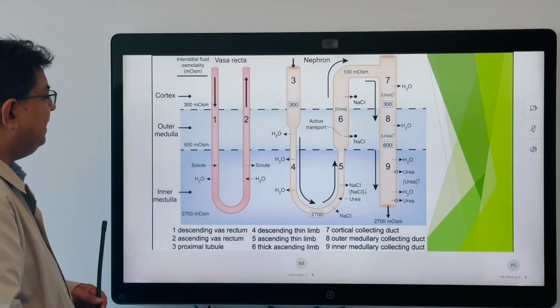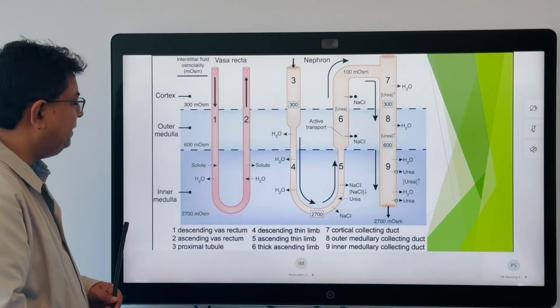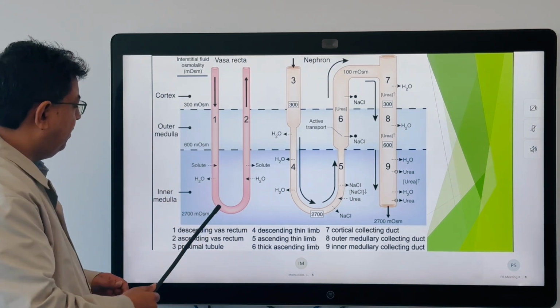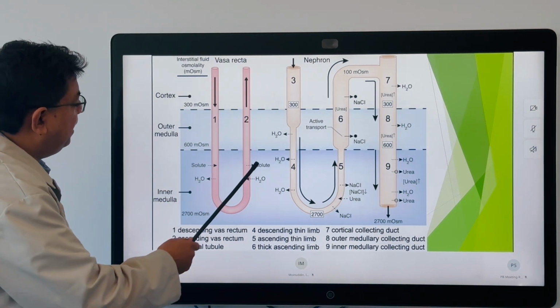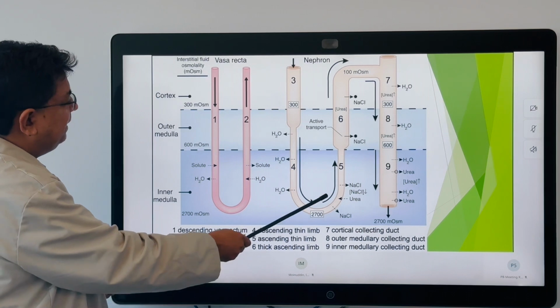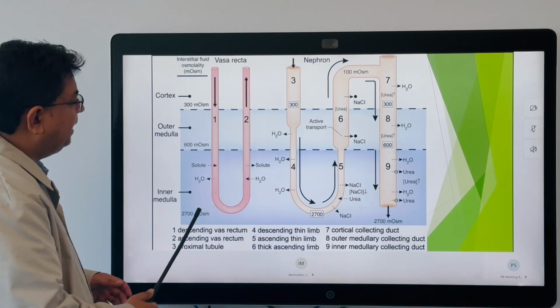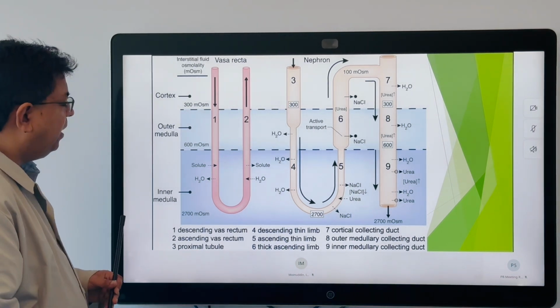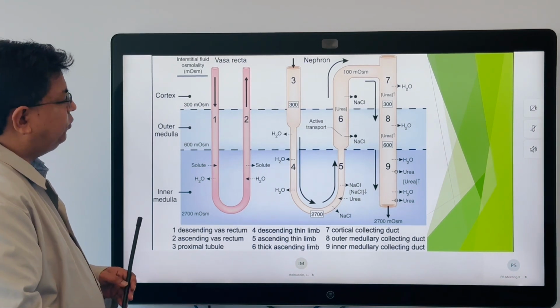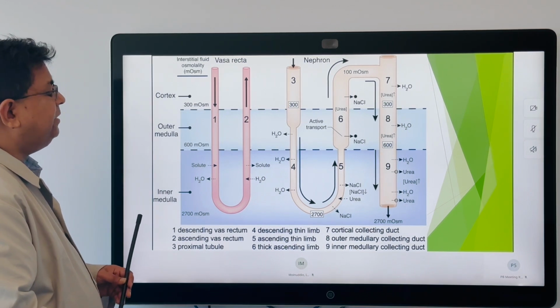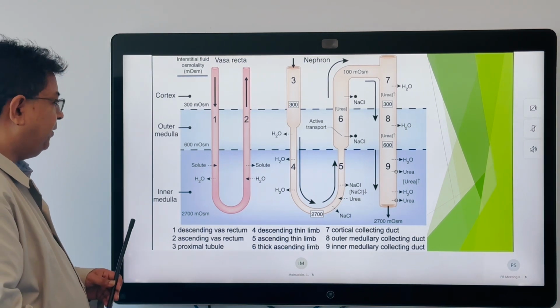Let's talk about the interstitial medullary gradient. The filtrate passes through the proximal tubule and into the descending limb of the loop of Henle, where water is reabsorbed. And we'll talk about how water reabsorption is driven by maintenance of the interstitial medullary gradient.